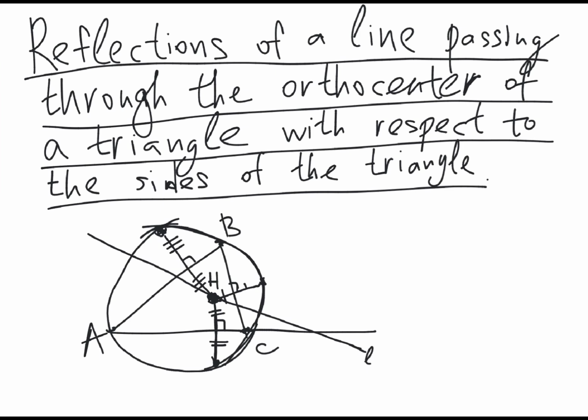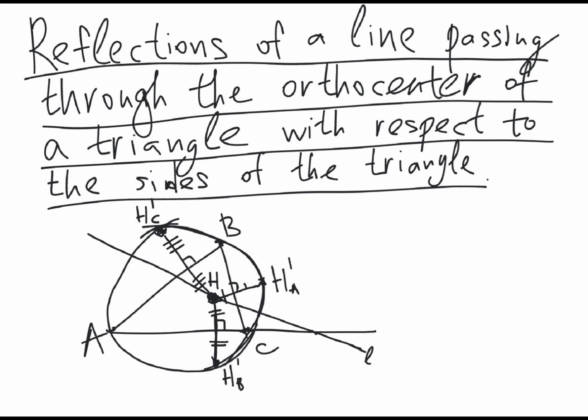The reflections of the orthocenter, let's denote them by HB prime, HA prime, and HC prime. Basically we take the intersection points.